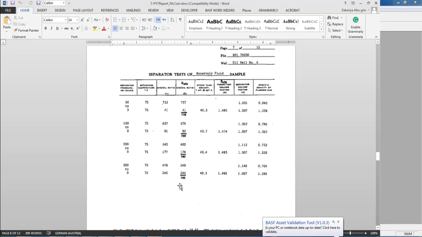So here, separator test, we can add something. Here we say optimum. So in separator data, it's not like in DLE or CCE or BSAT. Here you have different conditions, and you have to choose one of them.